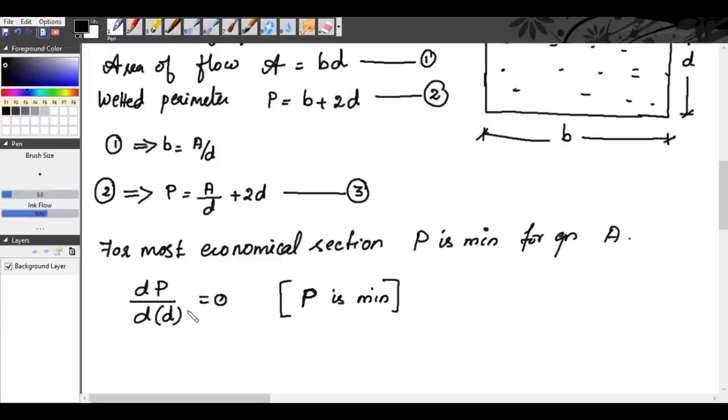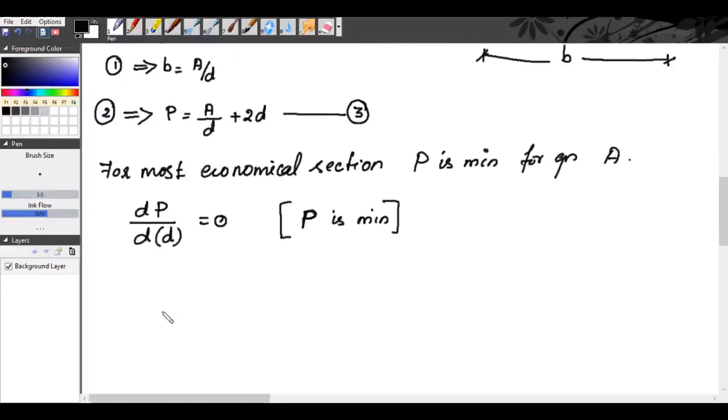So we differentiate this, and what we get is dP by dD of the perimeter, A by D plus 2D, equal to 0. Differentiating A by D with respect to D, we get minus A by D square.